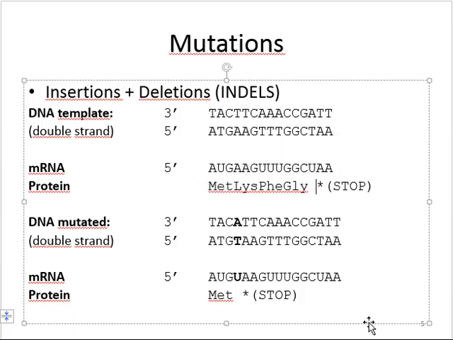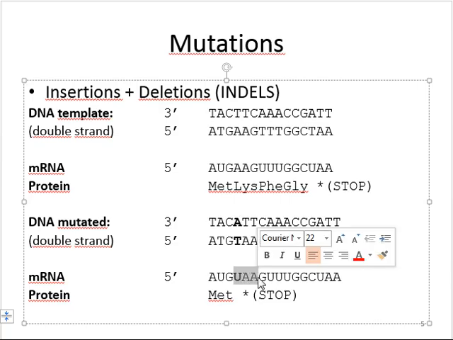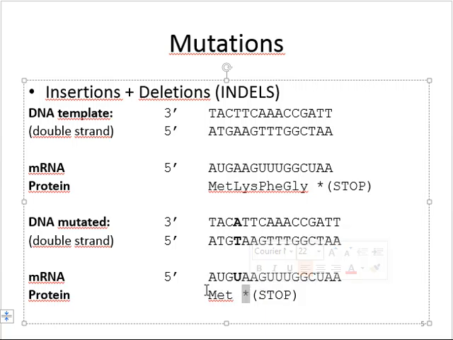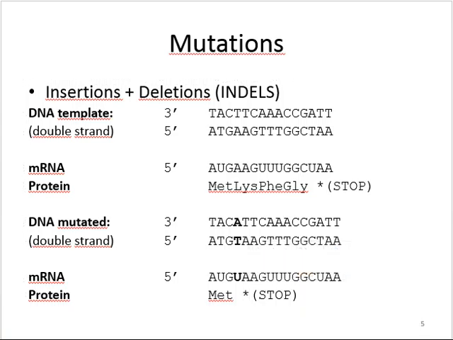If you have a mutated DNA that has an insertion of an A before the TT, when it's translated, it causes the appearance of a UAA codon that codes for a stop codon. So this protein is quite shorter.